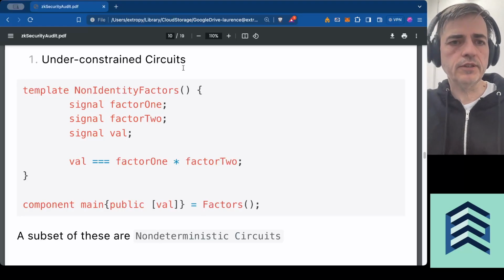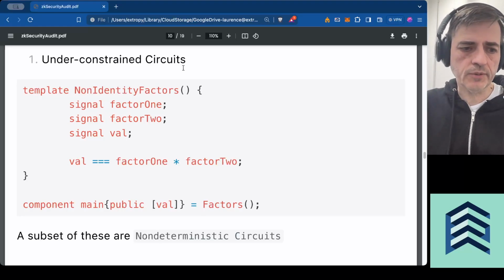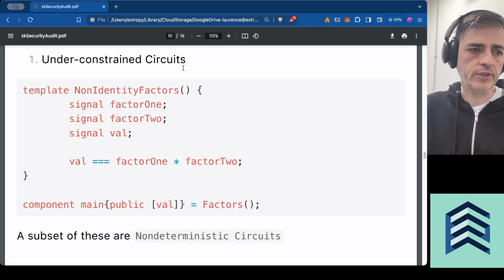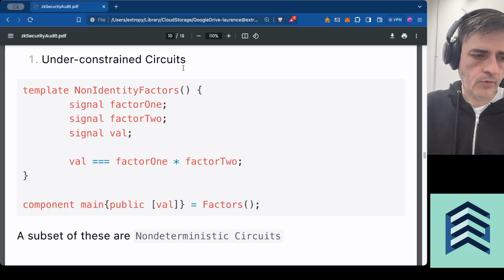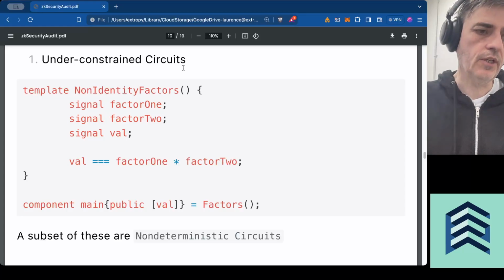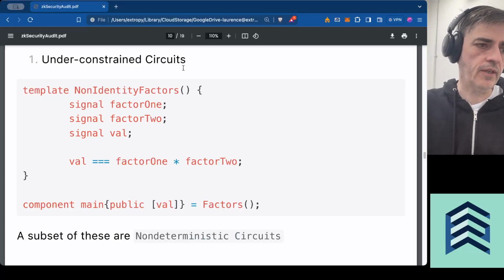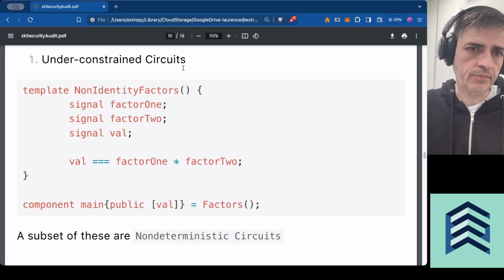And the idea is that the prover has made some claim, and the circuit is there to check this claim. But the way the circuit has been written, we haven't been rigorous enough. We don't have sufficient checks in the circuit. And so this gives the prover some leeway. They could put in something incorrect, and it could still then go on to create a correct proof.